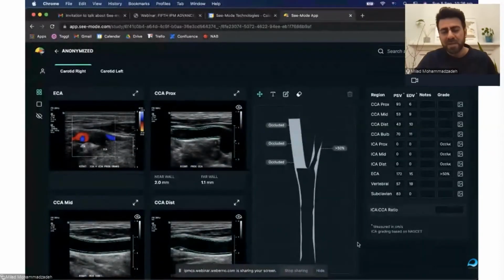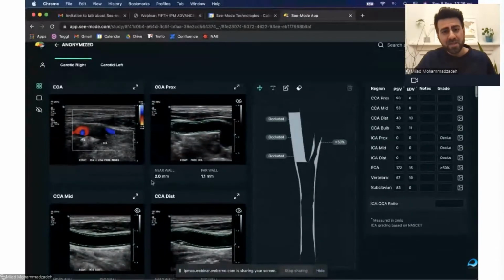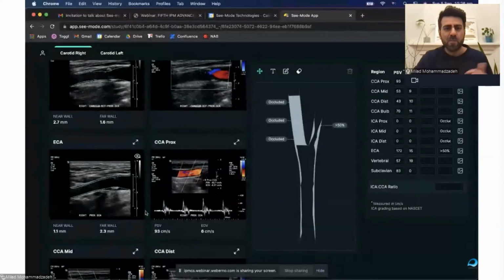The other thing that might be interesting for you all to know is that building the machine learning model, believe it or not, is not the hardest part of solving this problem for the clinicians. One of the hardest parts is actually the user interface and experience that we had to create. This is not a result that's coming from one image.